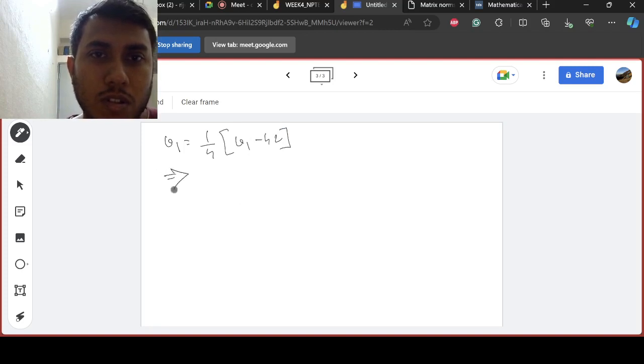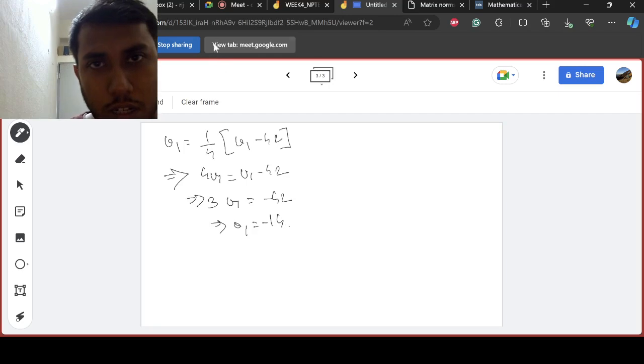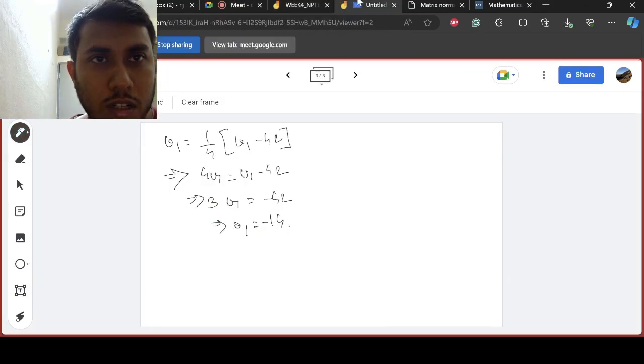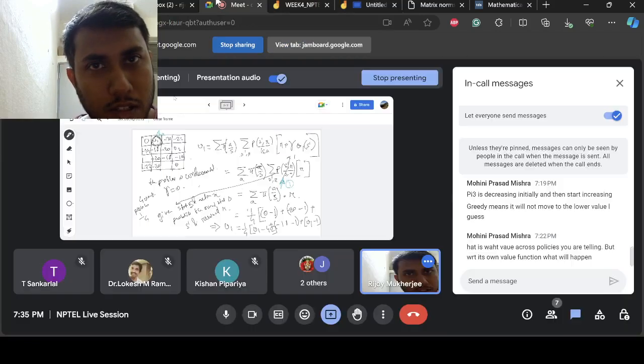So that will be 4 V1 minus 42, or 3 V1 minus 42, or V1 is minus 14, right? So the value of V1 here will be minus 14, correct?